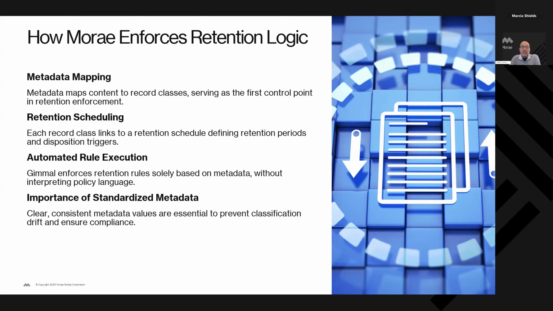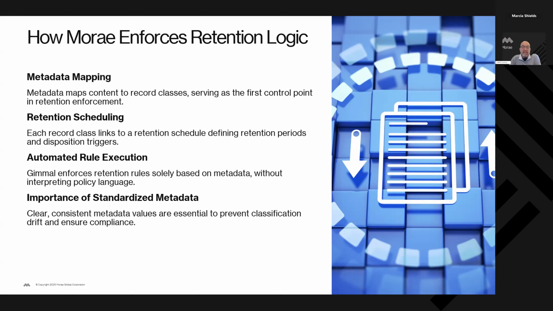Values map directly to the record classes, and then think of it this way: a metadata field maps to a value, that value maps to a record class, and that record class maps to a retention rule. If we think of that kind of flow there, that's how Gimmal Records kind of works, right?